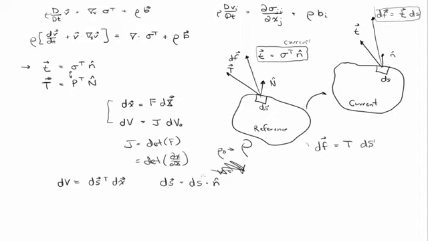So this surface vector is just the area times its normal vector, okay? And likewise, I'll have a dS vector in the reference configuration, which is d big S times N. Okay? So then I also have dV0 equal to d big S vector transpose d big X.